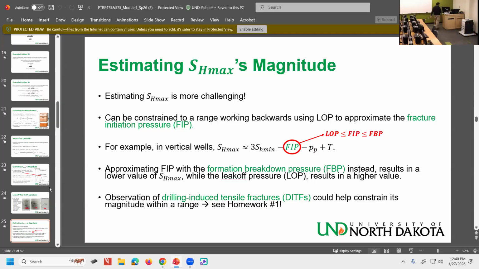We are going to see it later. We're going to get back to it eventually. Now, it says SH max is roughly equal to 3 times SH min minus FIP minus PP, which is the pore pressure, plus T, which is the tensile strength of the rock that is often neglected or, I guess, ignored.